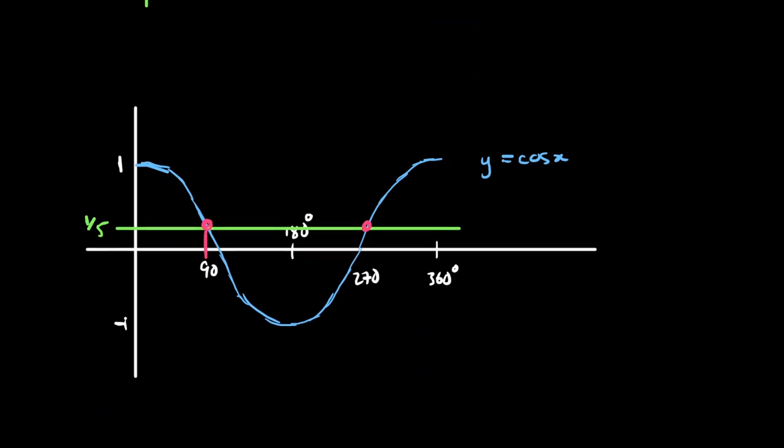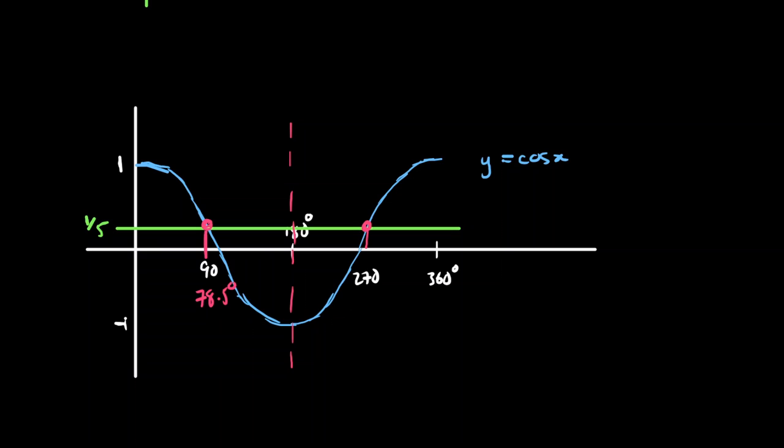So that guy is going to be 78.5. And hopefully you'll notice that this point here is a reflection of this point here in the line x is equal to 180 degrees, right? These two are reflections of each other.